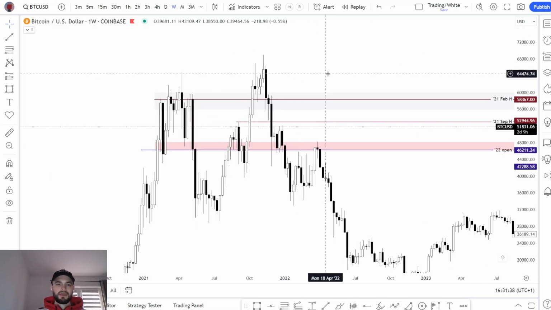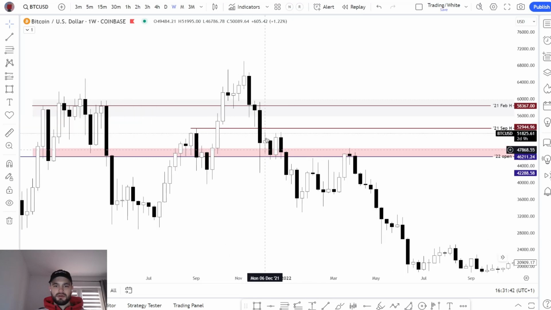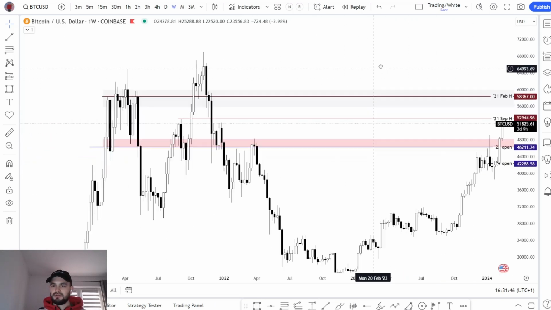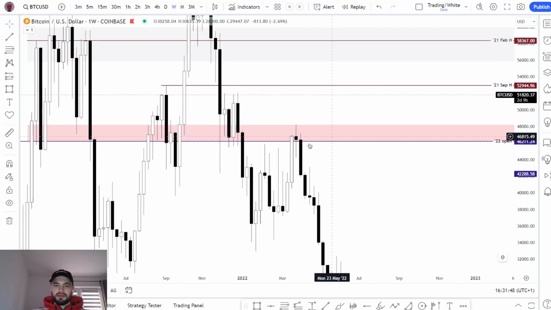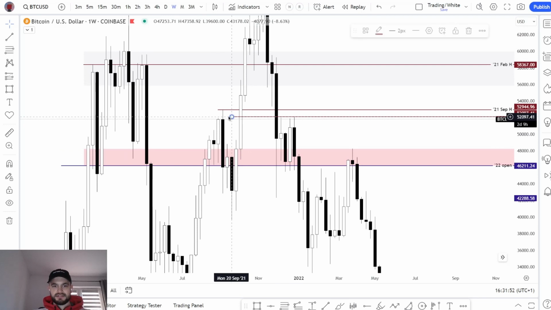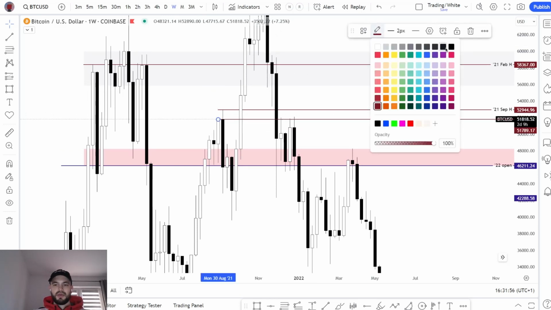So on the weekly, now we have to start looking closer to where we are trading now. So we are trading at 51,825, and you could obviously follow this line and see that this is a significant level for the week. So we can mark this out, and let's pick a random color, right?